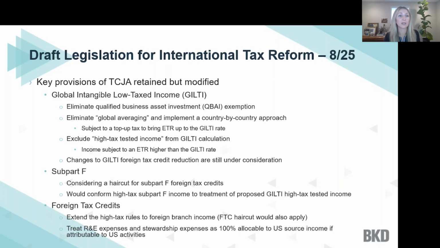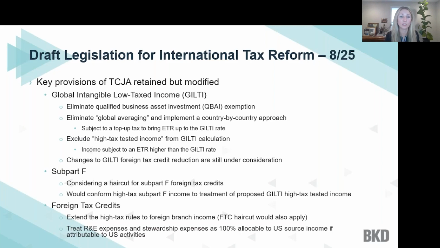GILTI will be calculated on a country-by-country basis and automatically exclude high tax tested income from the calculation. So losses incurred in one country cannot offset income earned in another country. Currently, as the law stands, we're allowed to aggregate the tested income from CFCs in different jurisdictions.